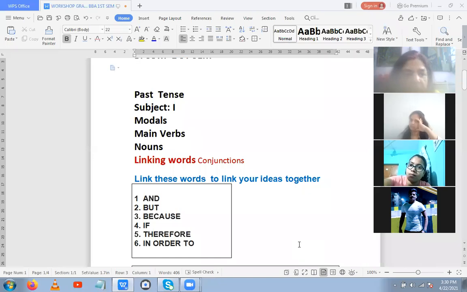So we have included linking words. So here we go, let's move ahead with the workshop.